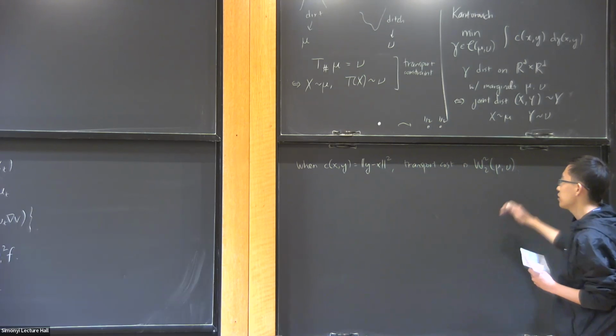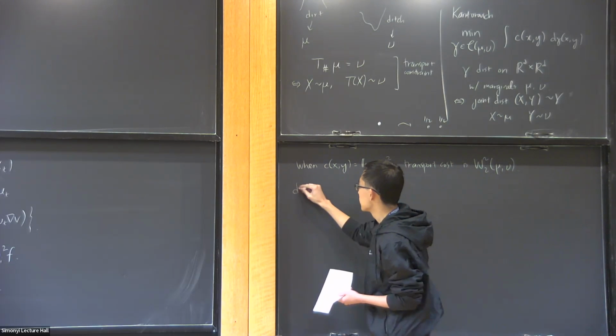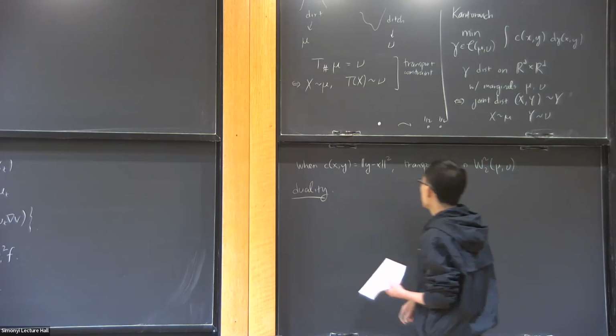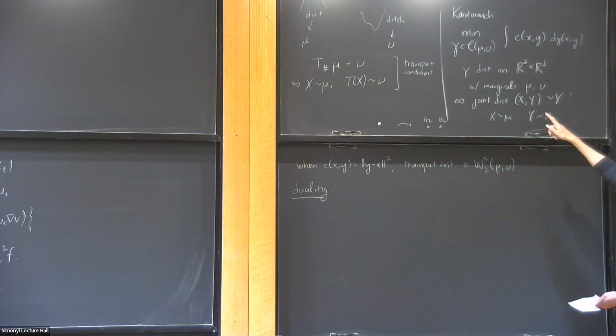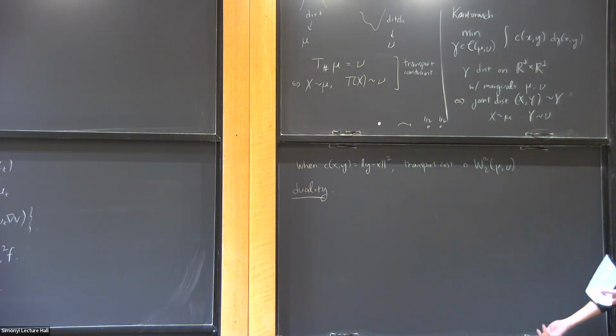Okay, but I'm not going to specialize to this just yet because duality is much more general. I'll just work with the general cost function C. So how does this duality work? I'm going to turn this constraint that gamma is a valid coupling into a Lagrange multiplier. So this will transform this infimum problem into an inf sup. And then if you switch the sup and the inf, you'll get the dual problem.